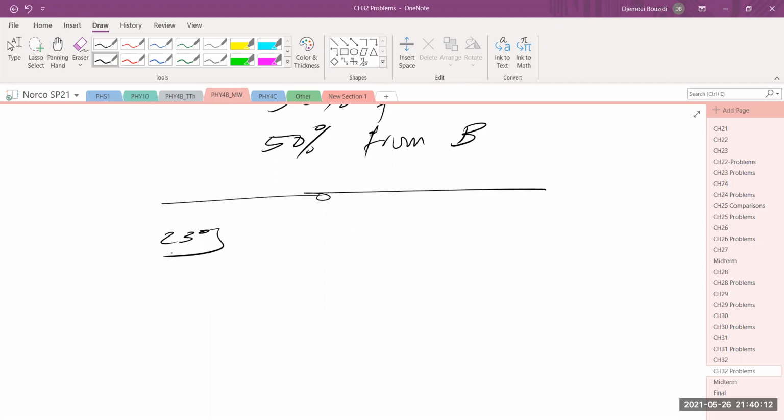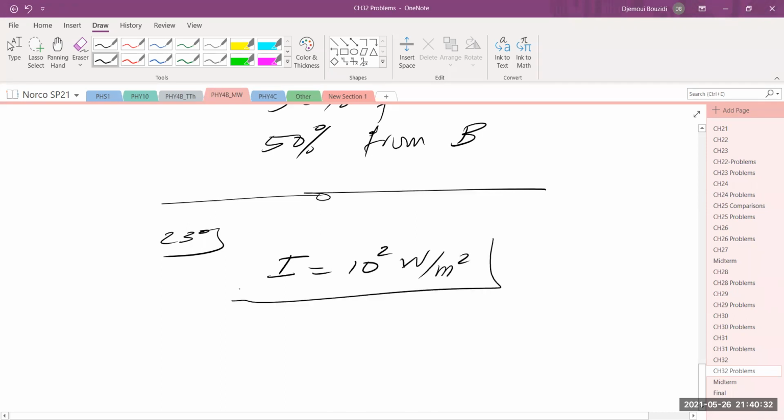So problem 23. If the eye receives an average intensity of 10 to the power 2 watts per meter squared, damage to the retina can occur. So you don't want anything more than 10 to the power 2 watts per meter squared, period. It's not much really, 100 watts per meter squared.